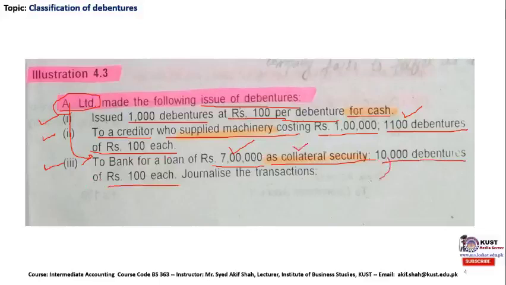After multiplication of these 10,000 debentures with 100, it gives us 1 million rupees worth of debentures issued to the bank in order to obtain 7 lakh rupees of loan.